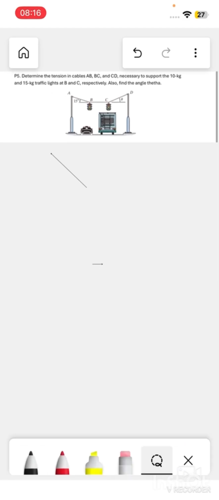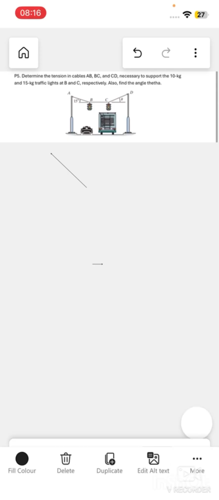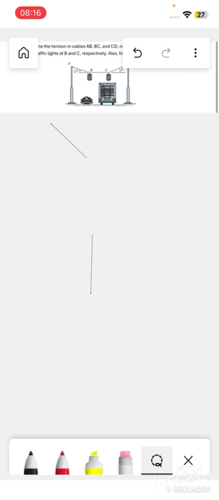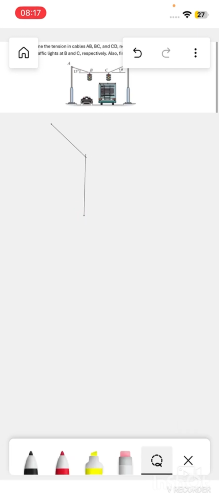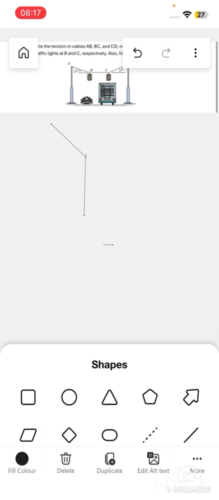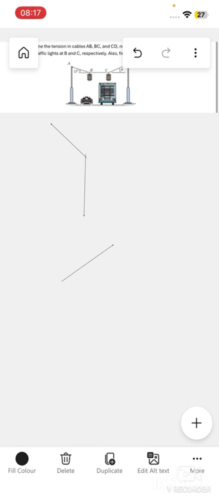This thing is troubling me, but it is not a transmesh, right? We are left with one force that is going that side.